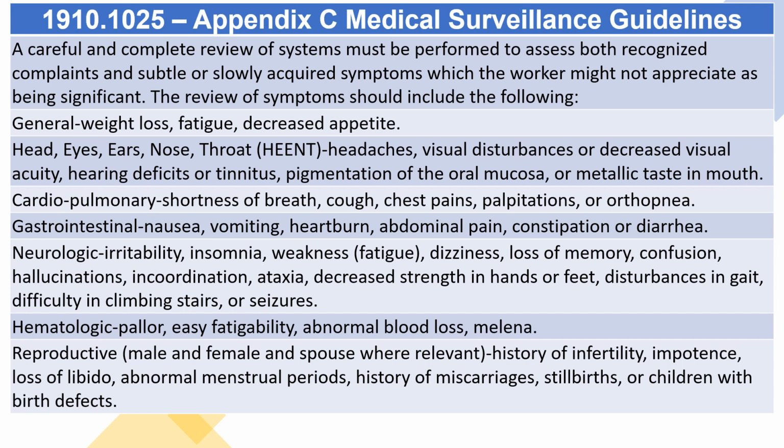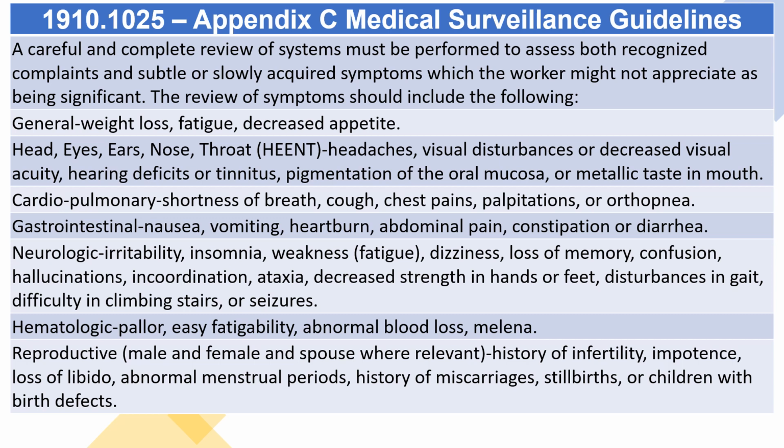The review of symptoms should include the following: General: weight loss, fatigue, decreased appetite. Head, eyes, ears, nose, throat: headaches, visual disturbances or decreased visual acuity, hearing deficits or tinnitus, pigmentation of the oral mucosa, or metallic taste in mouth. Cardiopulmonary: shortness of breath, cough, chest pains, palpitations, or orthopnea. Gastrointestinal: nausea, vomiting, heartburn, abdominal pain, constipation or diarrhea.